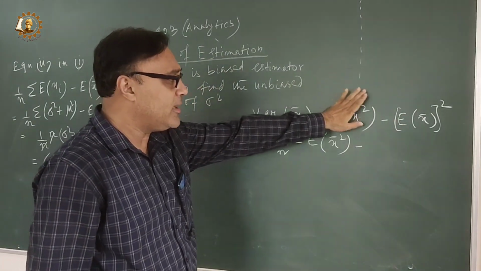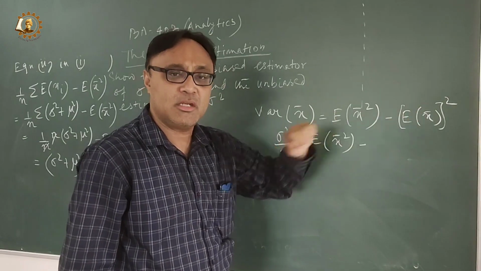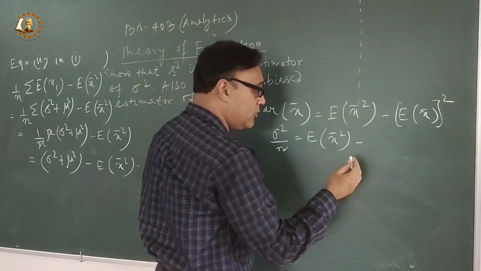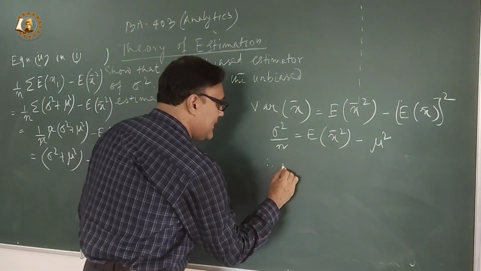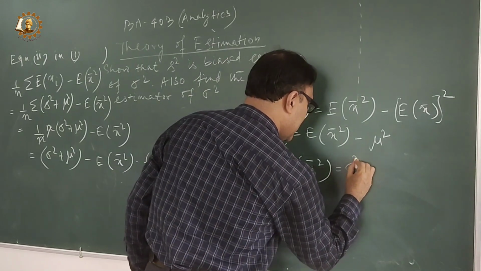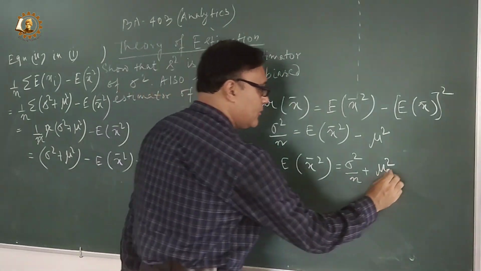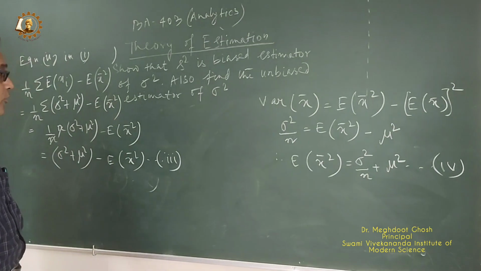In the last video we have already proved this, because x bar is an unbiased estimator of mu. Therefore, we can replace E of x bar whole square by mu square. Therefore, E of x bar square is equal to sigma square by n plus mu square. This is my equation 4.